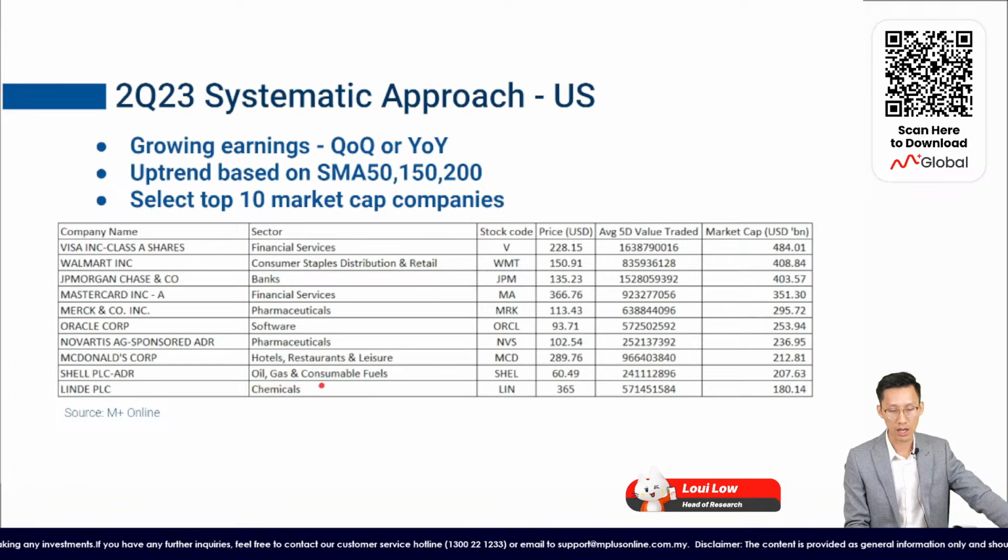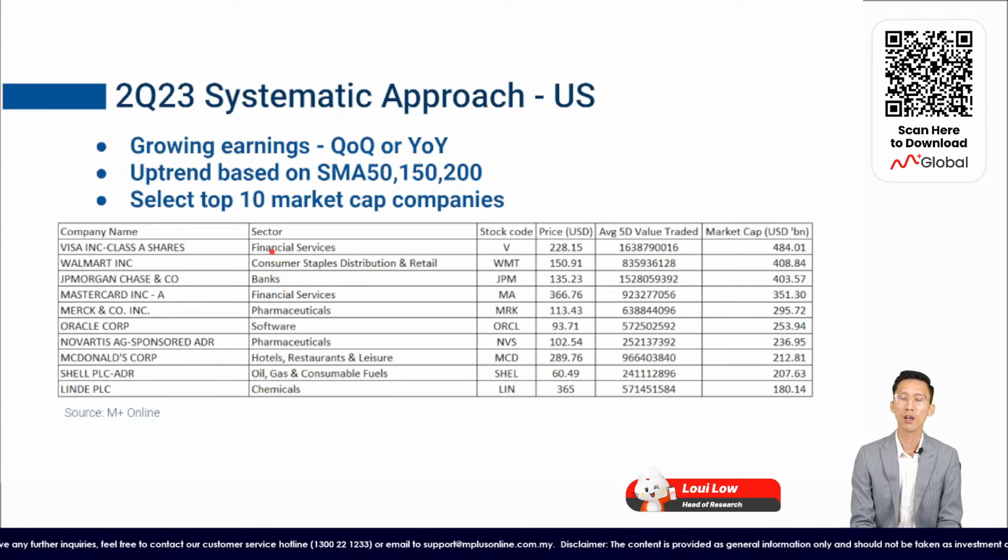And also oil and gas, consumable fuels, and also chemical products as well. So I think if you want to use this as a basket, it is also all right, because it is some sort of diversified approach, and they are having good, strong earnings. I mean, at least there is some growth in terms of Q-on-Q or year-on-year momentum, and also their trend is in the uptrend zone.